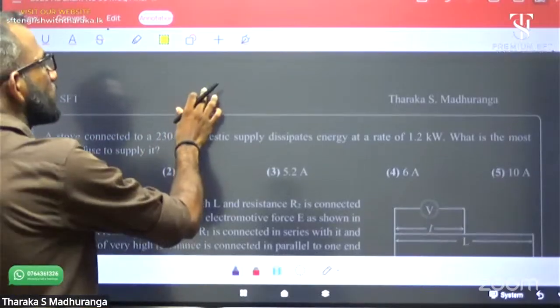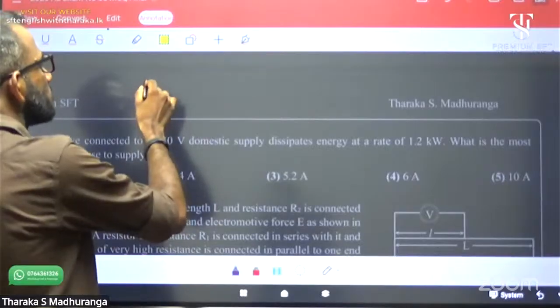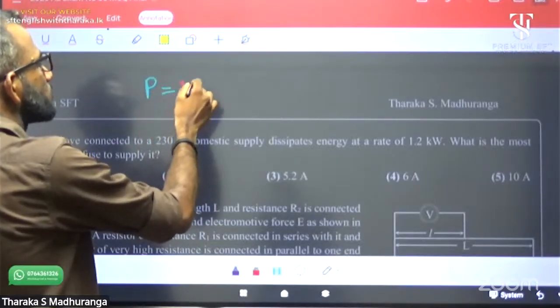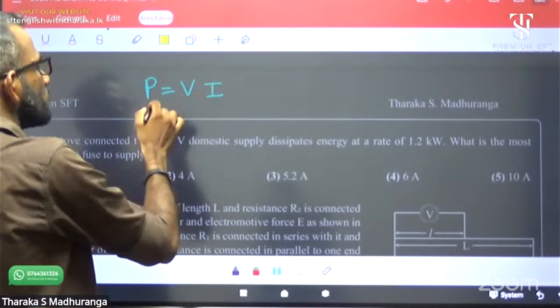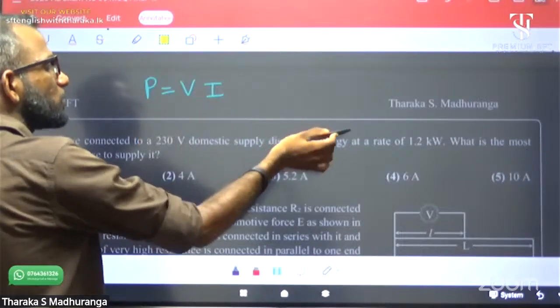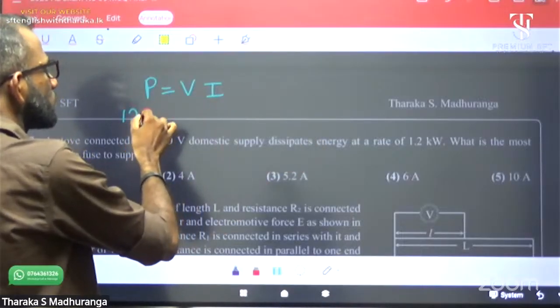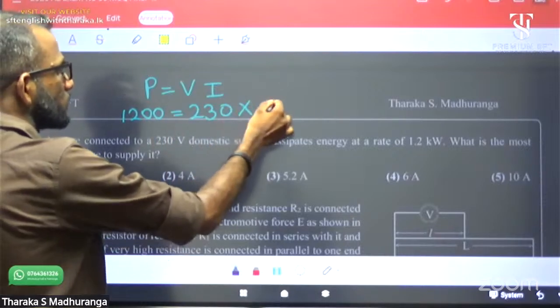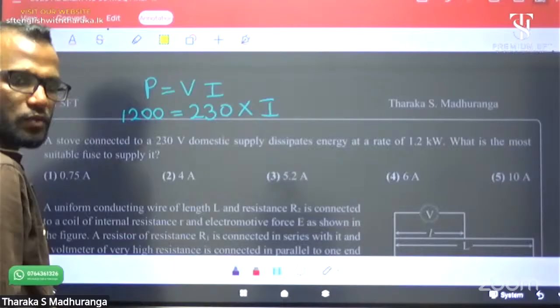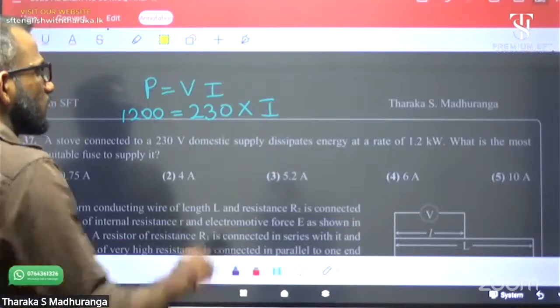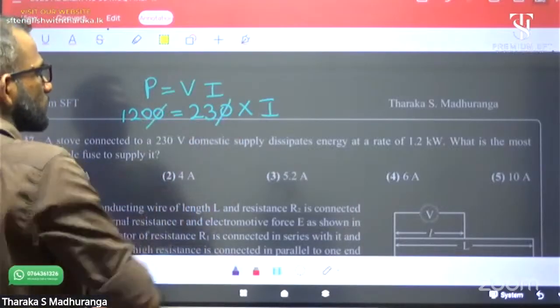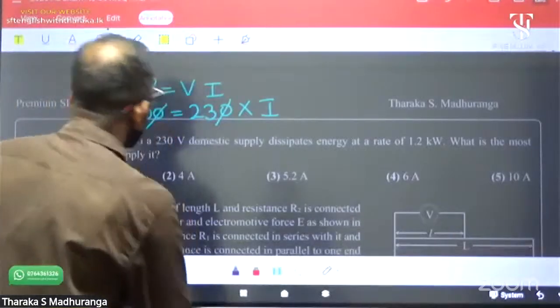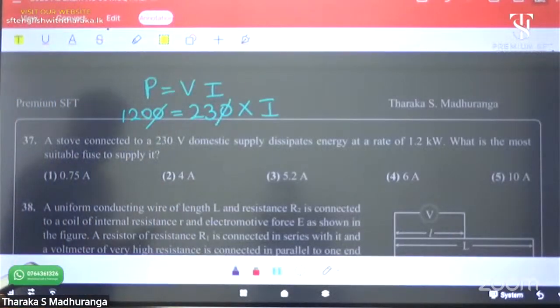We have a very simple equation about power. P equals VI, right? Now power 1.2 kilowatt means 1200 watt equals voltage 230 into I. Now the zeros cancel, 120 over 23.